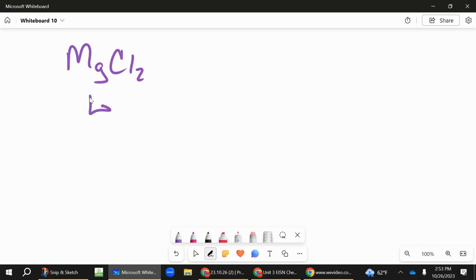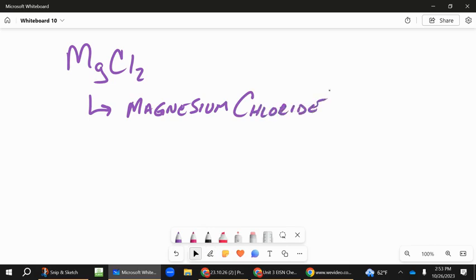What is the name of this compound? Magnesium chloride. Well, normally it would be the chloride. What's the name of it? Chloride. Well, where's the 2 in that, Christopher? Oh. We don't have to worry about the numbers. There's only one way to write these, so we don't have to worry about the numbers at the bottom.